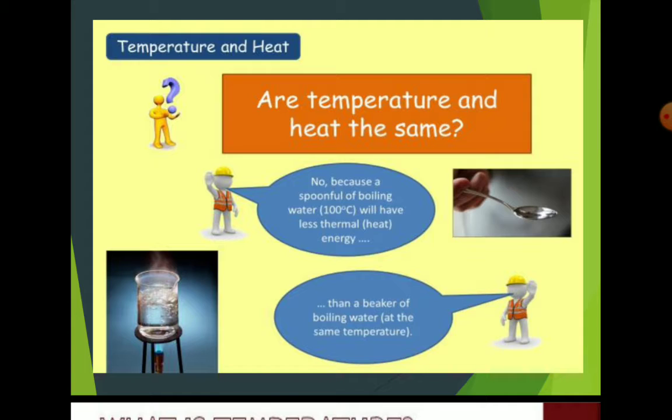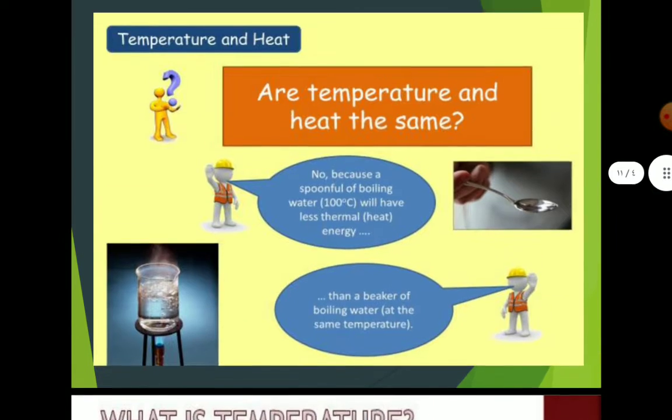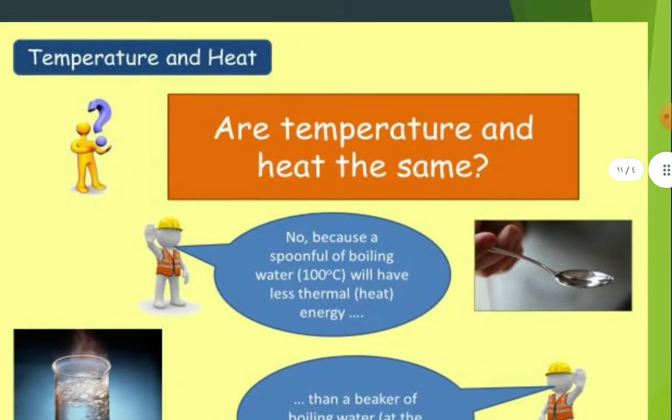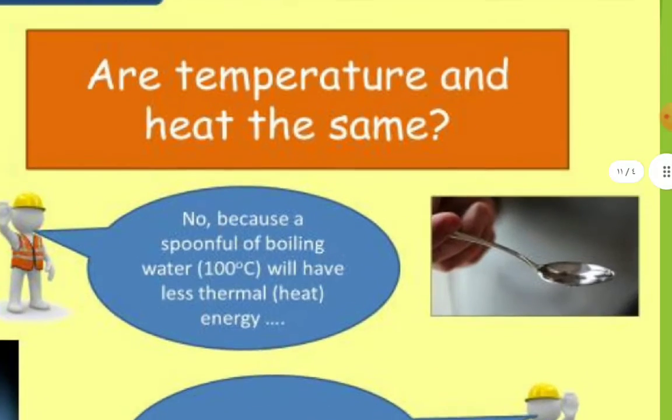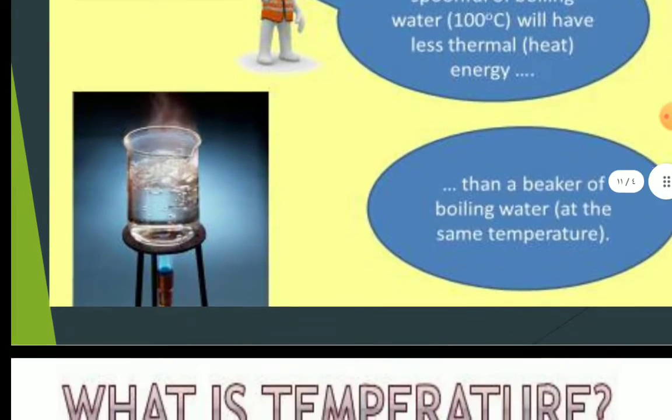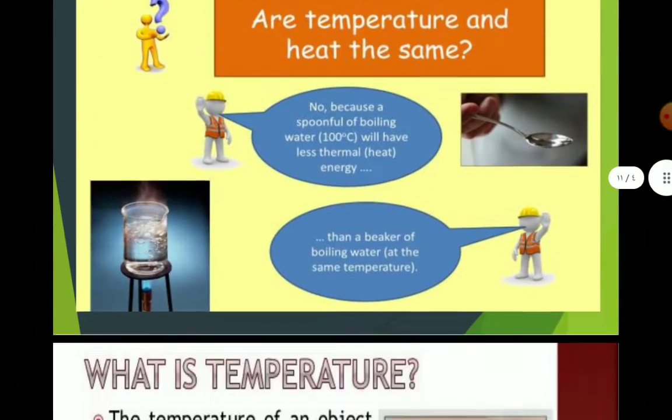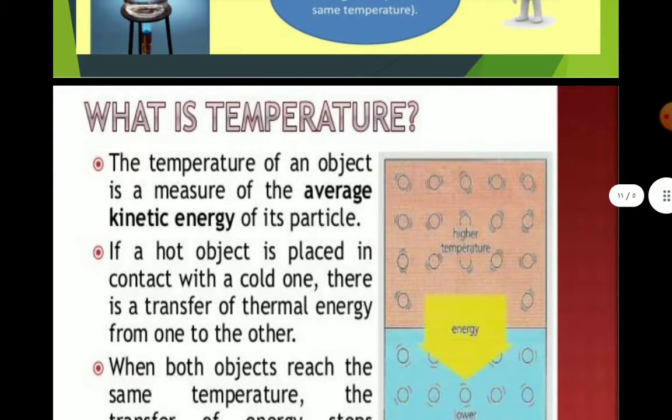No, because a spoonful of boiling water at 100 Celsius has less thermal energy than a beaker of boiling water at the same temperature. Okay, you can see here boiling water in a spoon and boiling water in a glass. What is temperature?